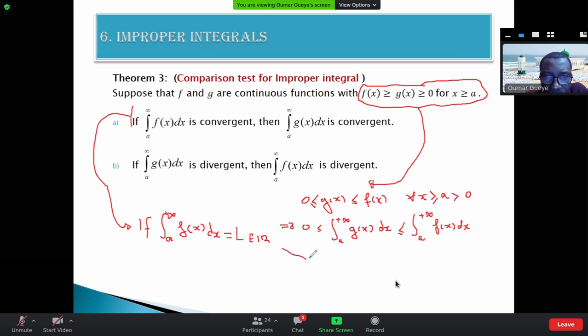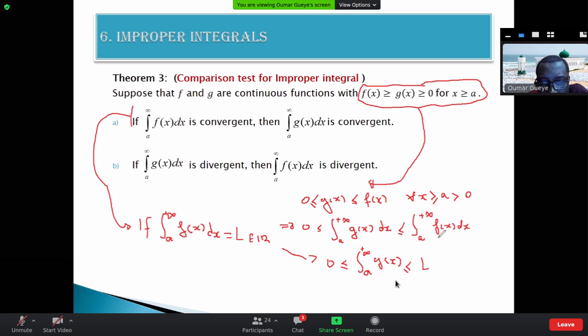So if this is equal to L, a number, L belonging to R, then based on what I have here, this means the integral of g is between 0 and L, because we already showed the integral of g is less than the integral of f.